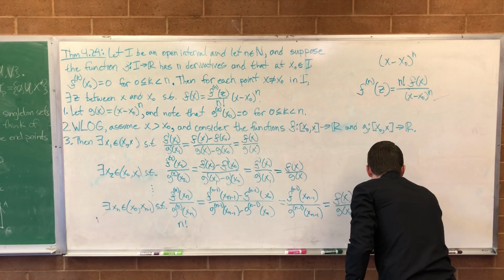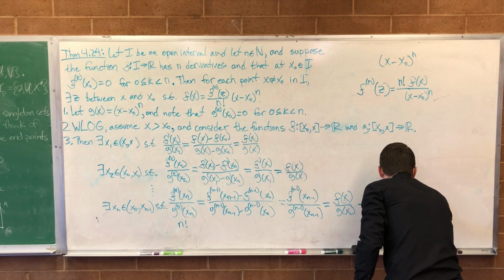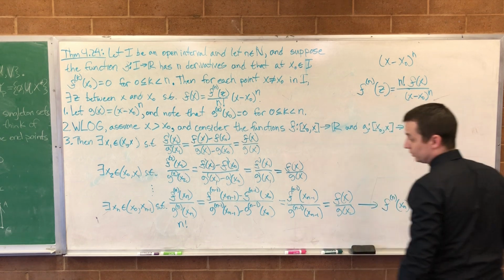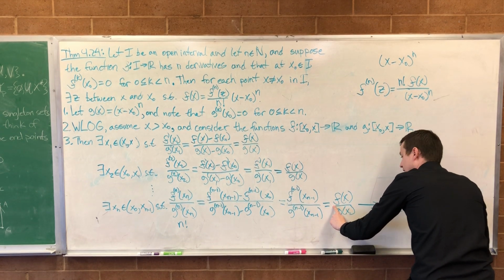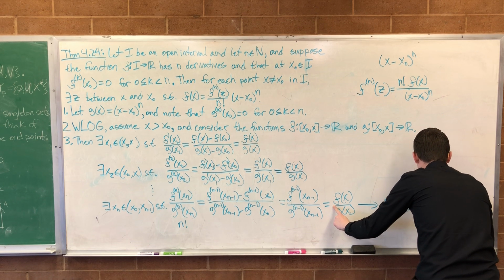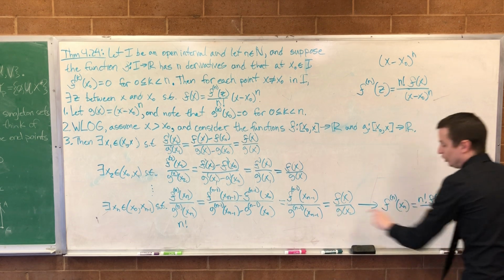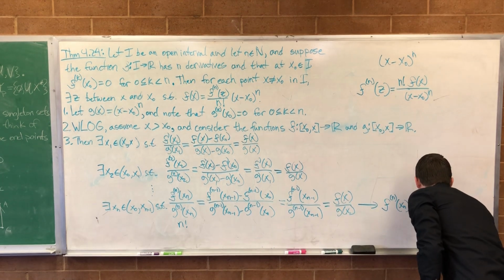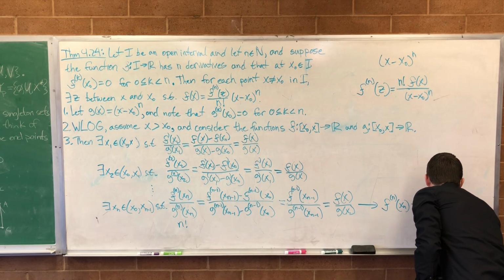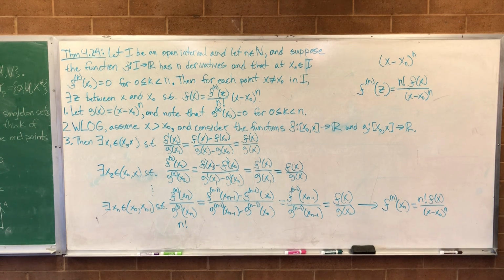So that gives me that the nth derivative at x sub n is equal to n factorial times this all over g of x. Remember what g of x is though. X minus x naught to the n, which is what we were after.